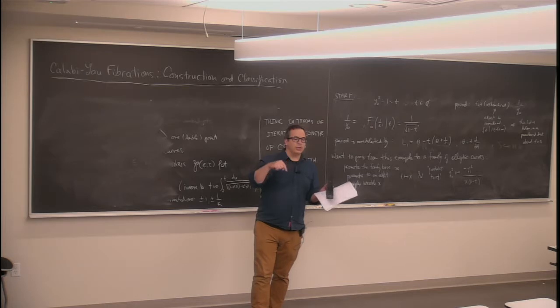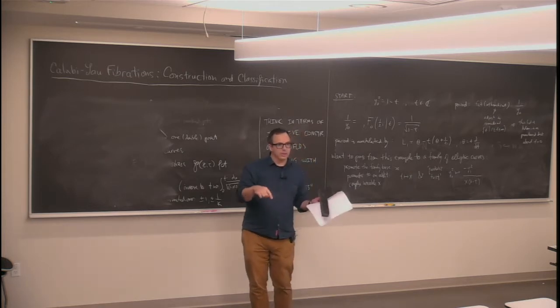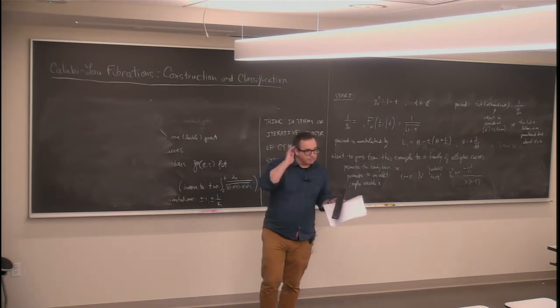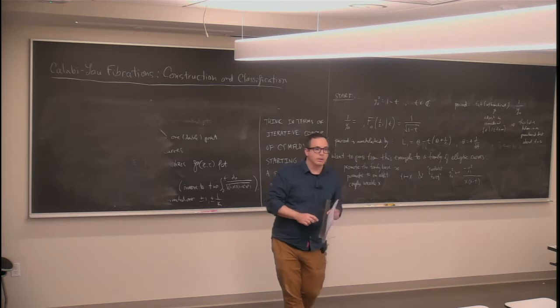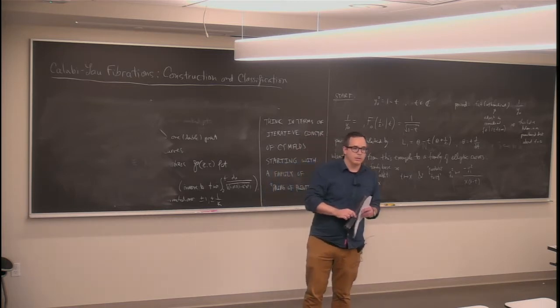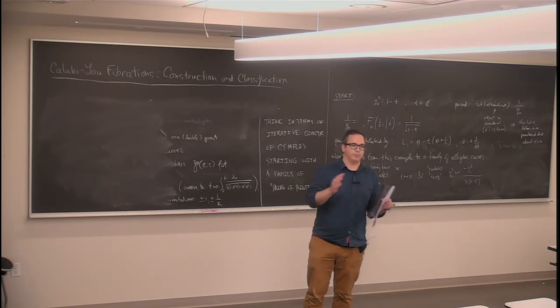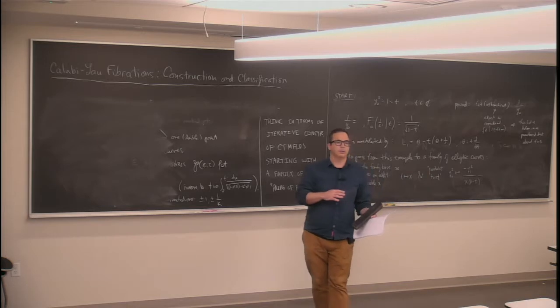So you think of this as analogous to a base change, but not really. It's the same base. You can think of it as an operation on the monodromy representation, except of course that it has an implication for the geometry of the pencil. Right.